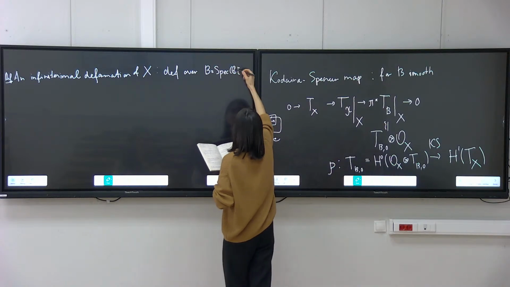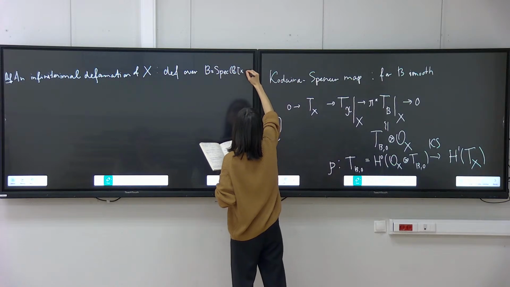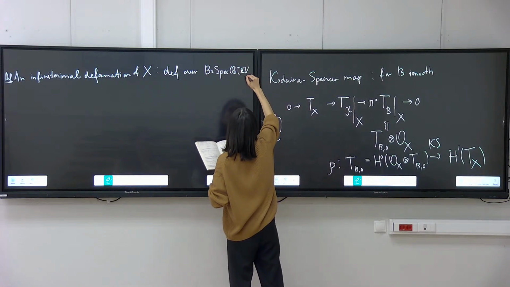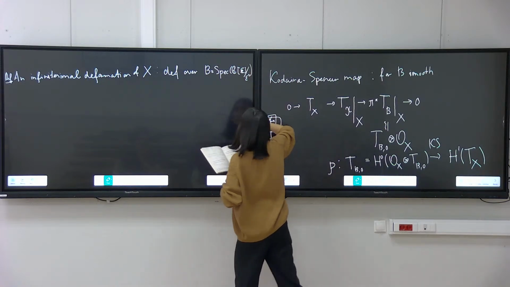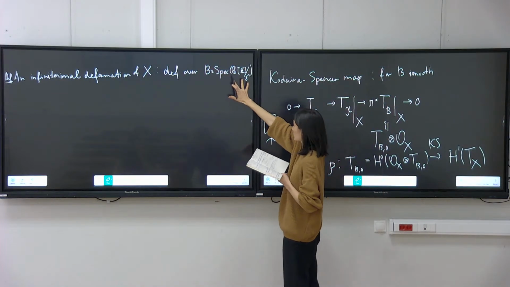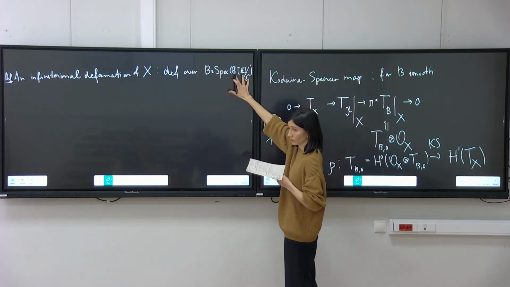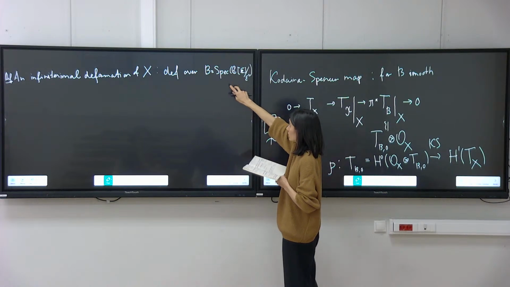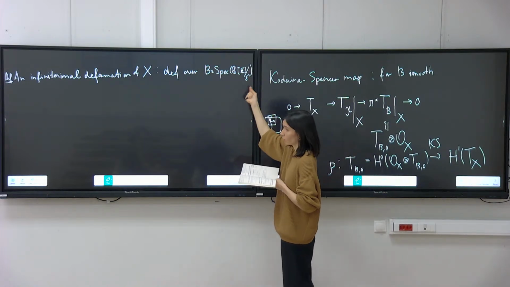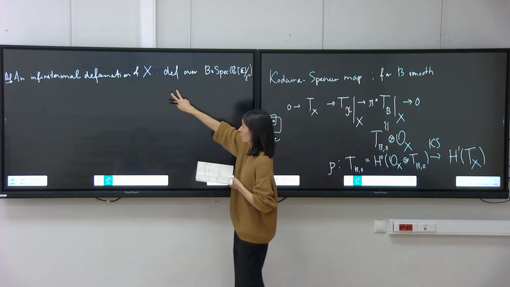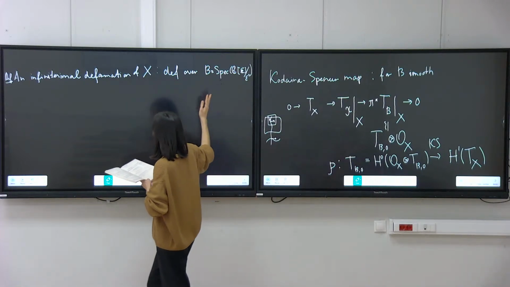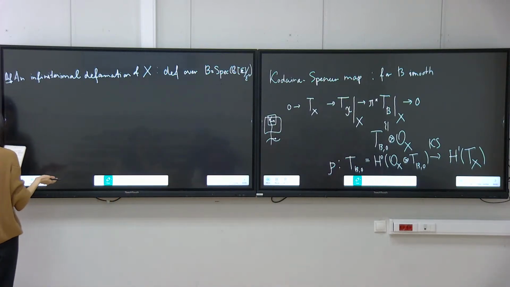So we work over complex numbers. This is just a deformation over such a base. This is a scheme with a point and one tangent direction, and a deformation over it is a so-called infinitesimal deformation.